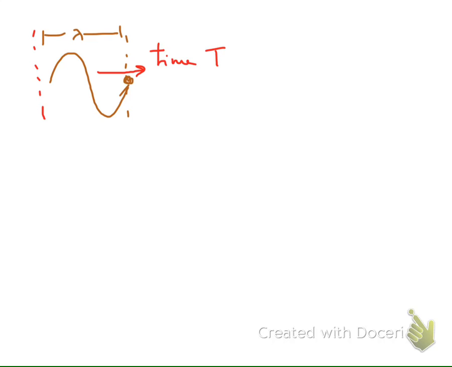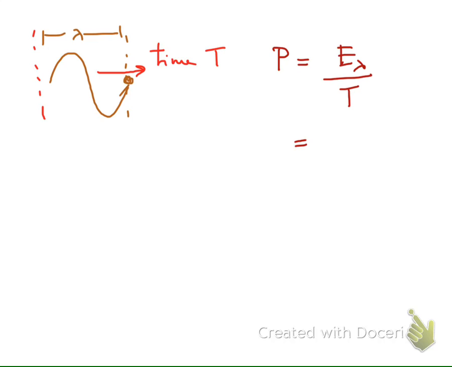So the power delivered by the wave is equal to the total energy of the wave in one wavelength divided by the time for one wavelength to pass through the point, and that is a period of the wave.